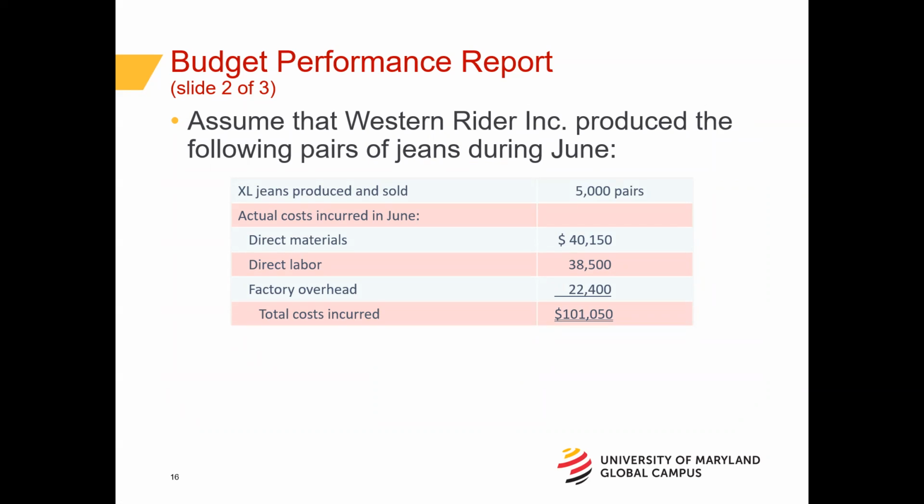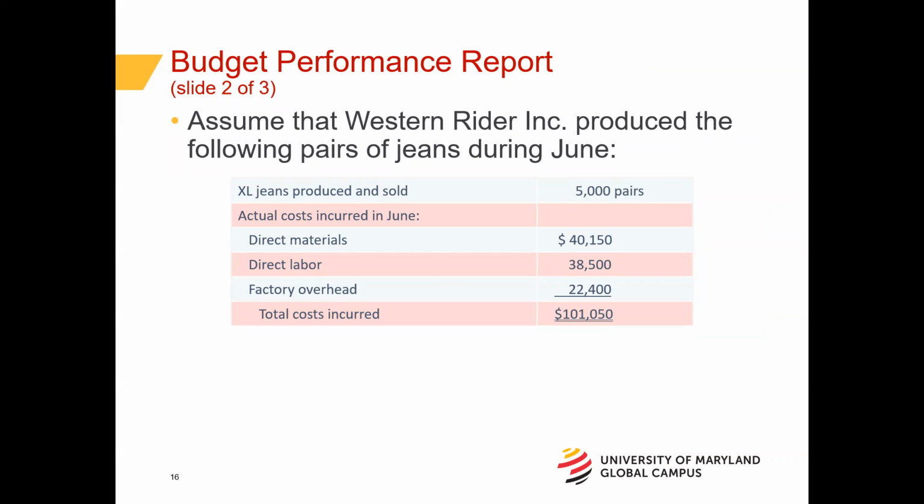We accrued actual costs of direct material, direct labor, and factory overhead. Direct materials, $40,150. Direct labor, $38,500. Factory overhead, $22,400. You add those three together, and they get a total cost incurred of $101,050.